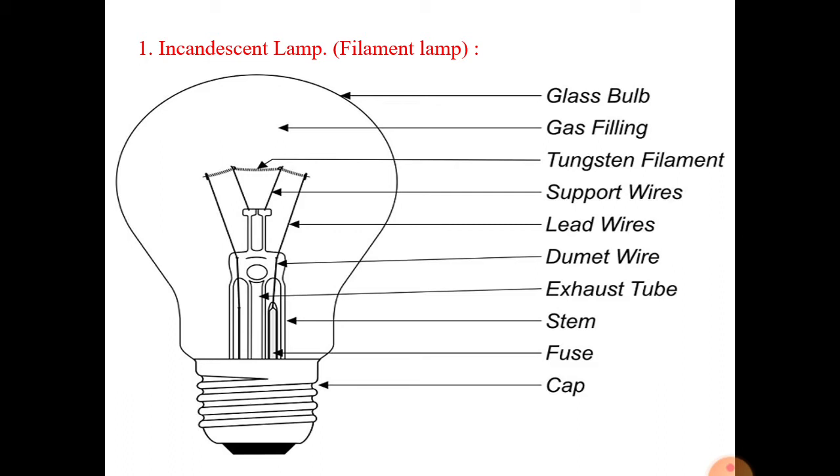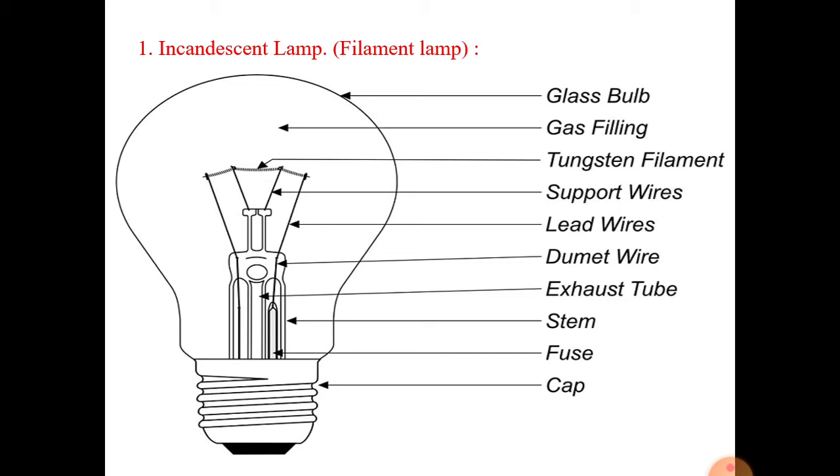Then the tungsten filament, through which the electric current passes. Then we will see the lead wires through which the external electric supply is given to the tungsten filament.